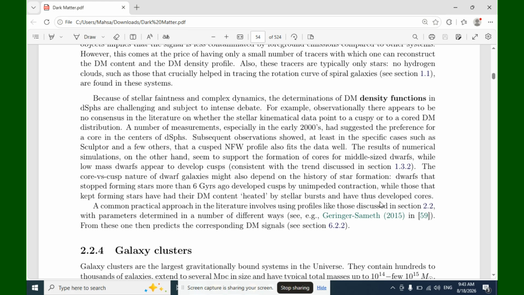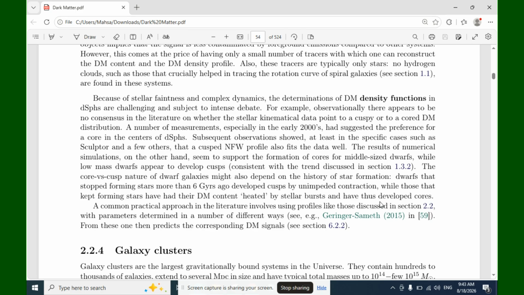The determination of dark matter density profiles in the dwarf spheroidals is challenging and subject to intense debate. For example, observationally, there appears to be no consensus in the literature on whether the stellar kinematical data point to a cusp or to a core dark matter distribution.